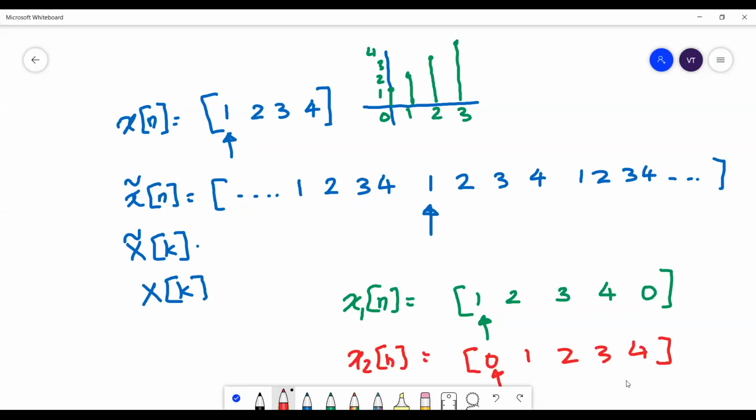X of n had only 4 samples: 1, 2, 3, 4. Let us assume that the samples are taken every millisecond, that is, the sampling interval is 1 millisecond. At the 0 instant, you get the sample value equal to 1. This could be the digitized sound at 1 millisecond. At 1 millisecond, you have the amplitude 2.